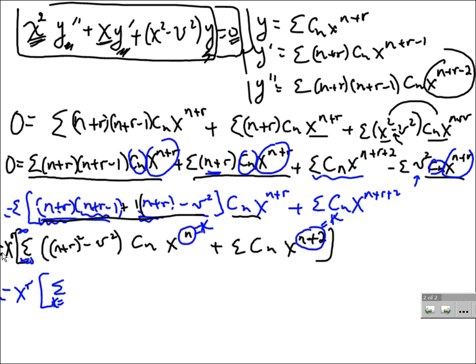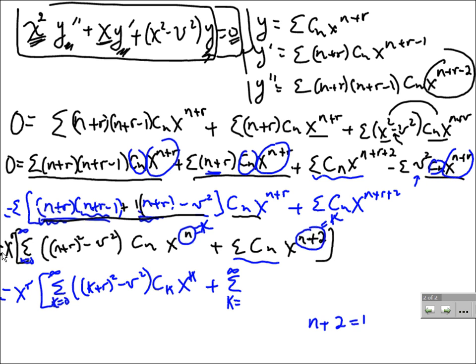Summation as k goes from 0 to infinity of ((k plus r) squared minus v squared) c sub k x to the k, plus this summation. Summation as k goes from some number to infinity. So like it says, n plus 2 is going to be k. Well, since n starts at 0, k is going to start at 2.